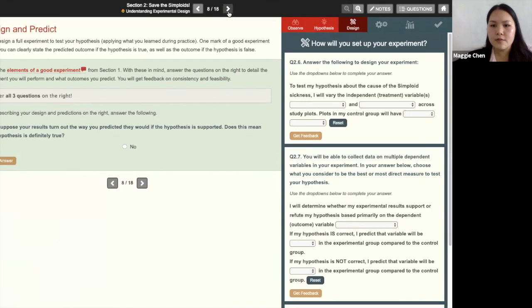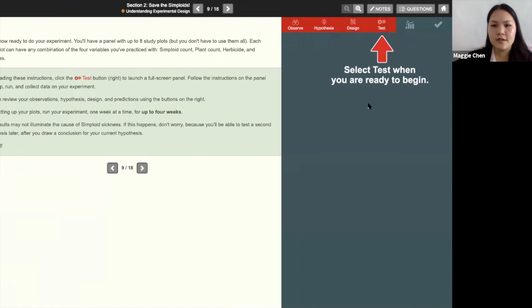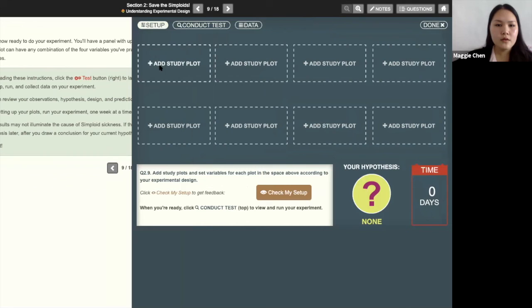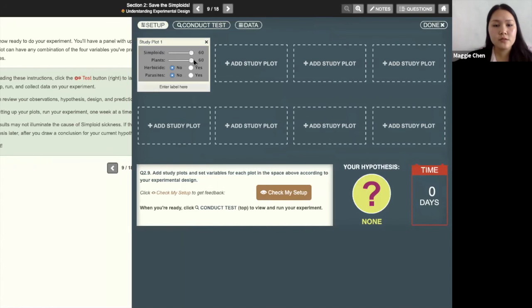But say if we wanted to design our test, we can add study plots. The max amount of symploids we can add is 60 symploids. They need plants to survive, so we can add just as many plants. And you can add just herbicides, or both herbicides and parasites, or just parasites.